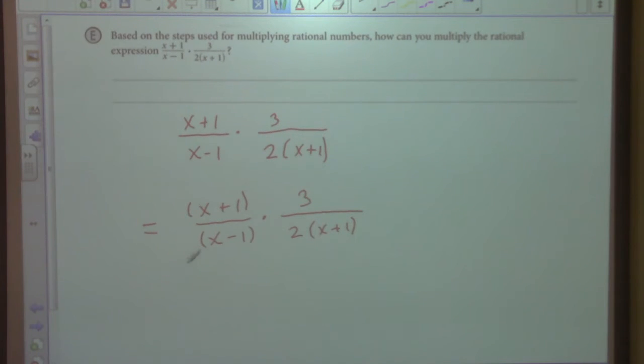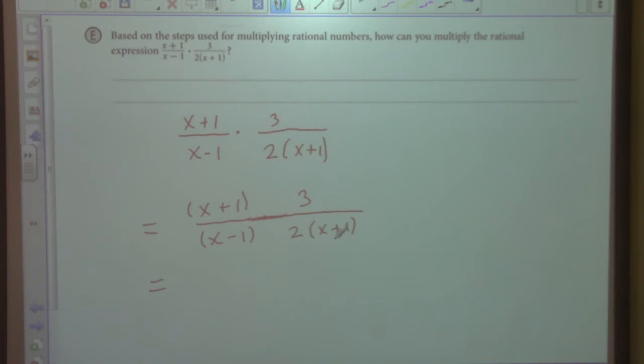So now what can we do with this thing? Multiply across. Yeah. You can multiply across, and to multiply across, what I'm going to do is just connect these two fractions together. Now I've kind of multiplied across, haven't I, just by doing that. Yep. And then what can we do to this here before we move on to the last step? Cross cancel out.